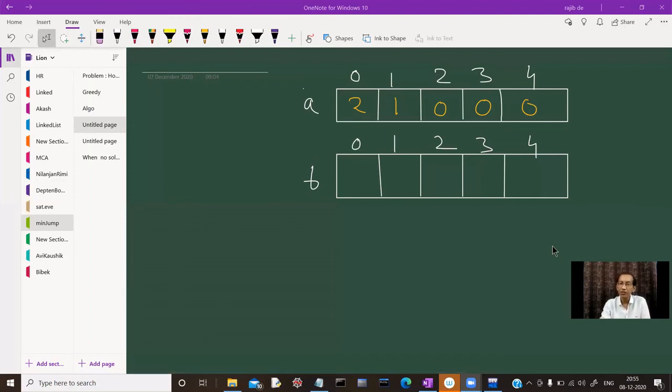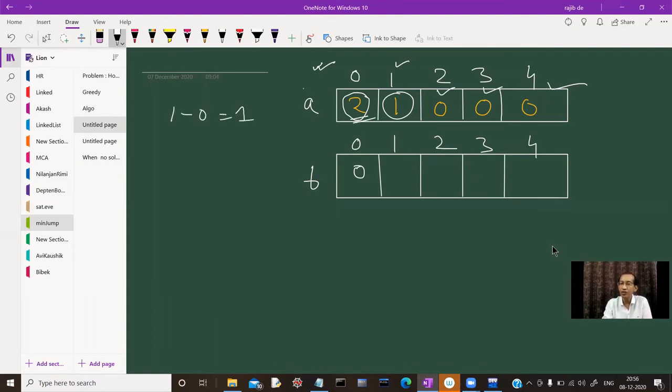One test case, see this one, it is giving location 0, 2 jumps possible, 1 jump possible, and 0, 0, 0. So apply the technique. First, obviously it is 0 initialized. Then to reach 1 from 0, you require 1 jump. Yes, it is possible.